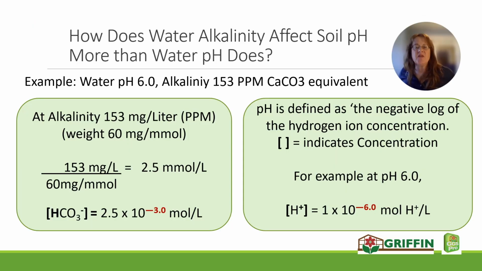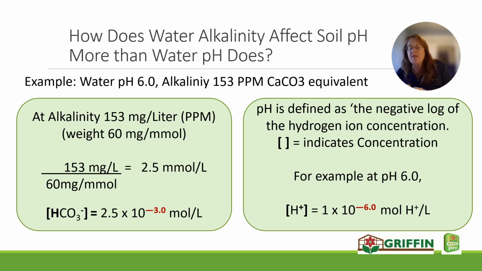So now that we've defined the terms, I want to show you why the alkalinity vastly overrides the pH effect in having any influence on the soil media pH. Let's just say we have a water sample that has an alkalinity of 153 and a pH of 6.0. That'd be a pretty reasonable irrigation sample.